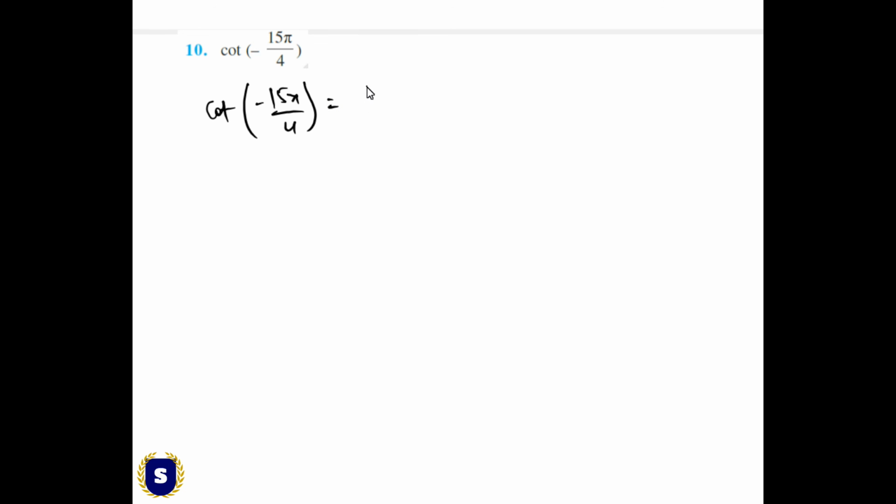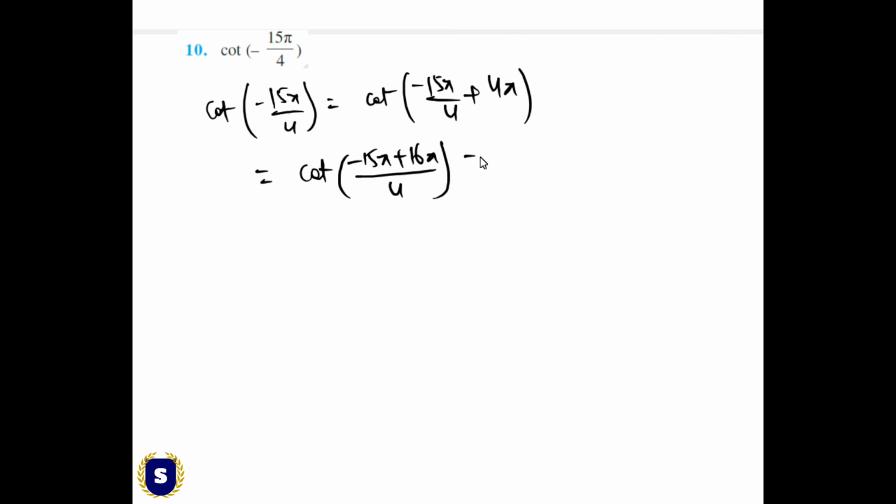Here again I can add the angle 4 pi, taking the LCM, that is cot pi by 4, and its value is 1. So the exercise is completed here. That's it.